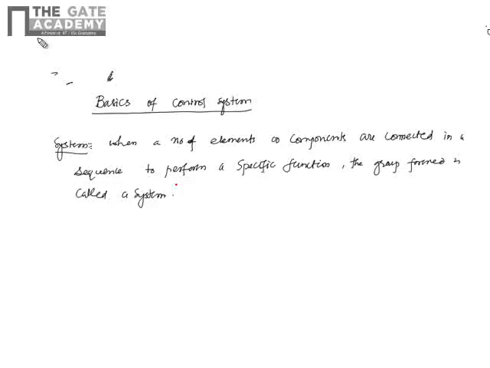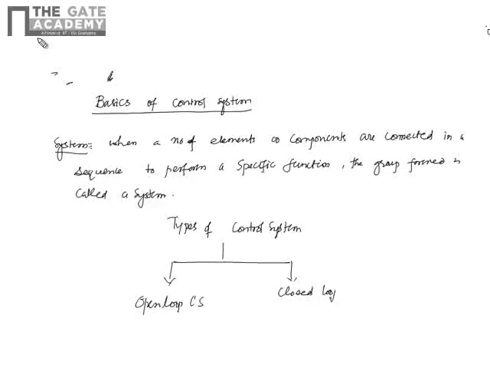There are 2 types of control systems. One is the open loop control system and the second one is the closed loop control system. Right.